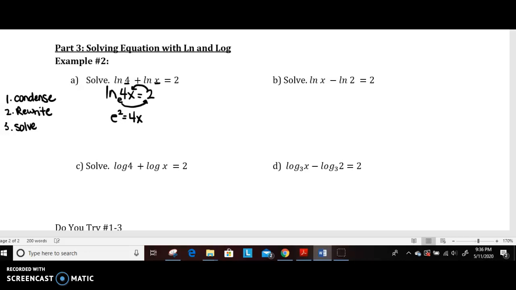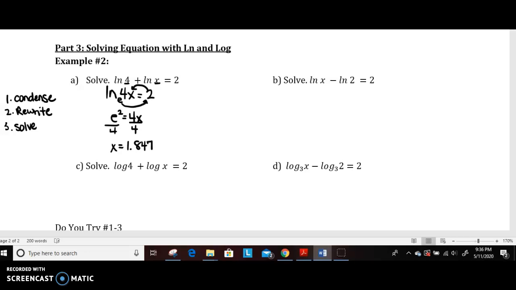And then solve it. So I'm going to divide both sides by 4, and just evaluate this in your calculator: e to the second power divided by 4. So x is going to be 1.847.